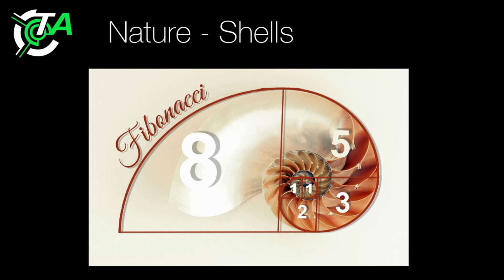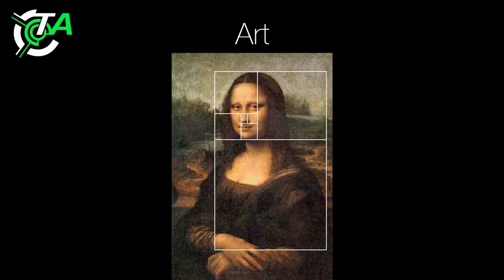That's why it's very rare to find a 4-leaf clover, because usually they're 3 or 5. The next place you're going to find it is in artwork. Leonardo da Vinci was a big proponent of using Fibonacci levels in his artwork. You can see he used it here in the Mona Lisa.